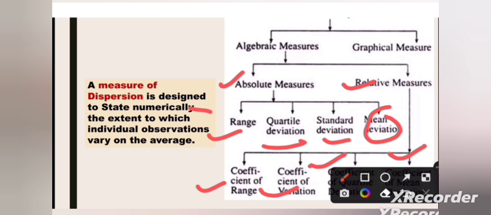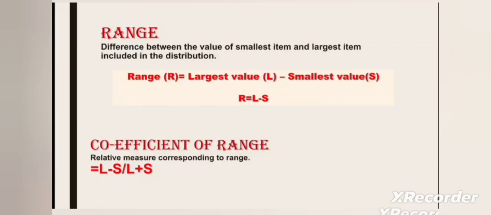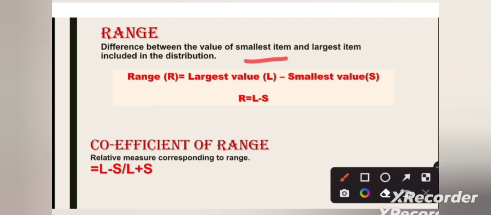Now let's know about them one by one. First measure of dispersion is range. Range is defined as the difference between the value of the smallest item and the largest item that are included in any distribution.